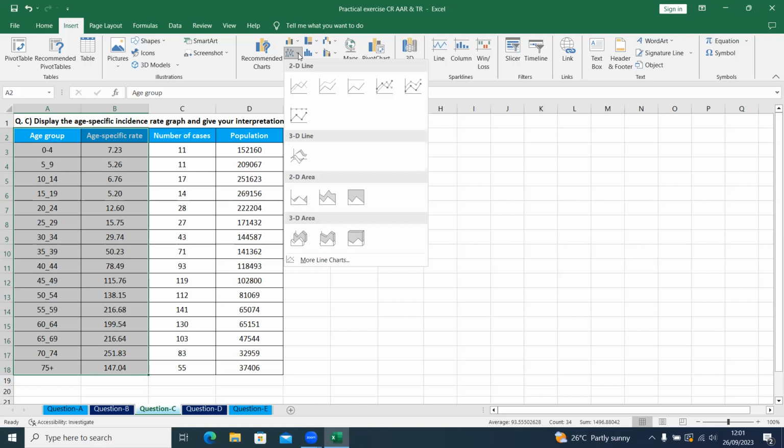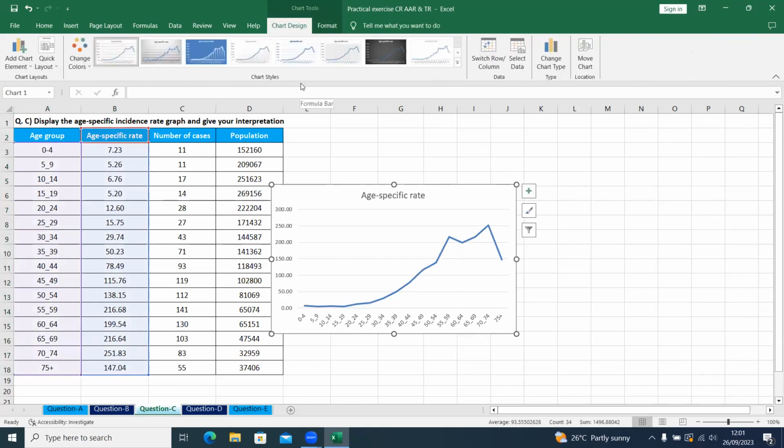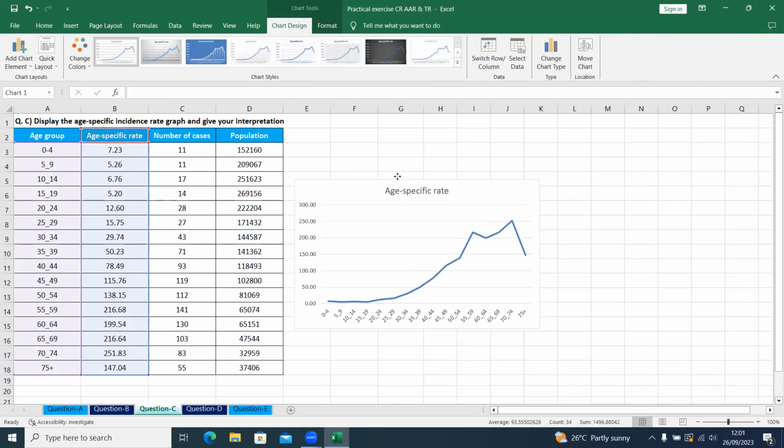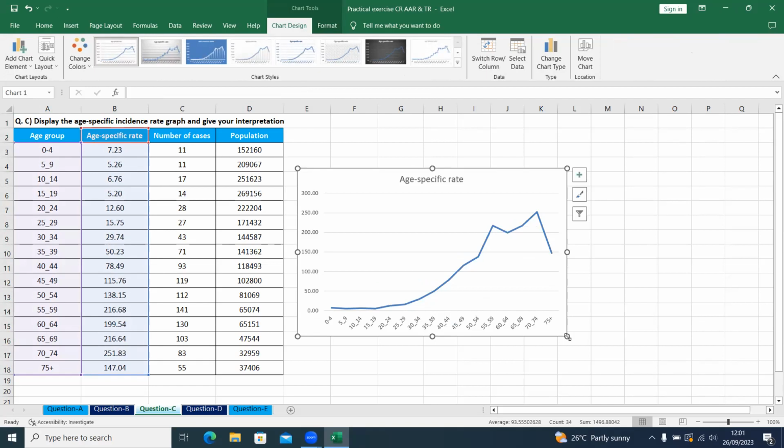We always use the line graph to show the age specific rate. Just click on that graph. Are all able to do this graph? Is there any doubt to plot a graph?